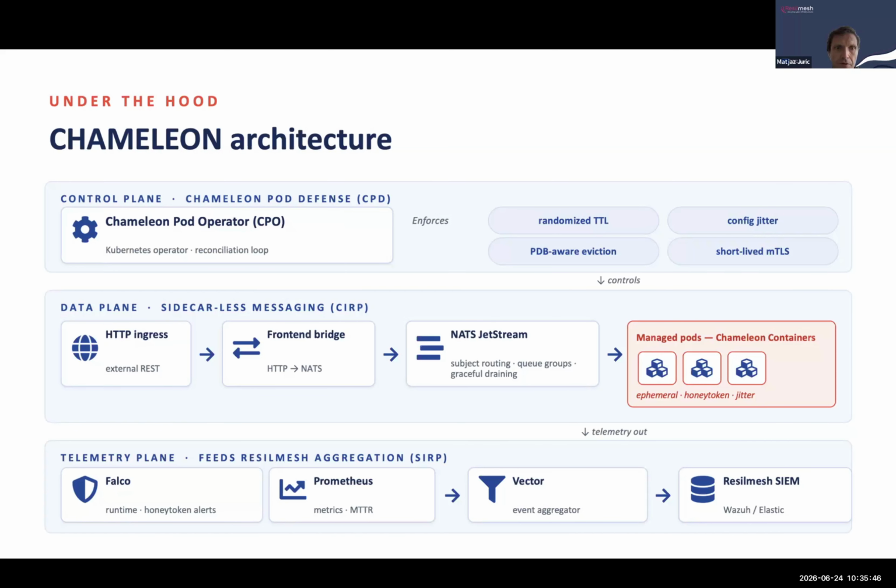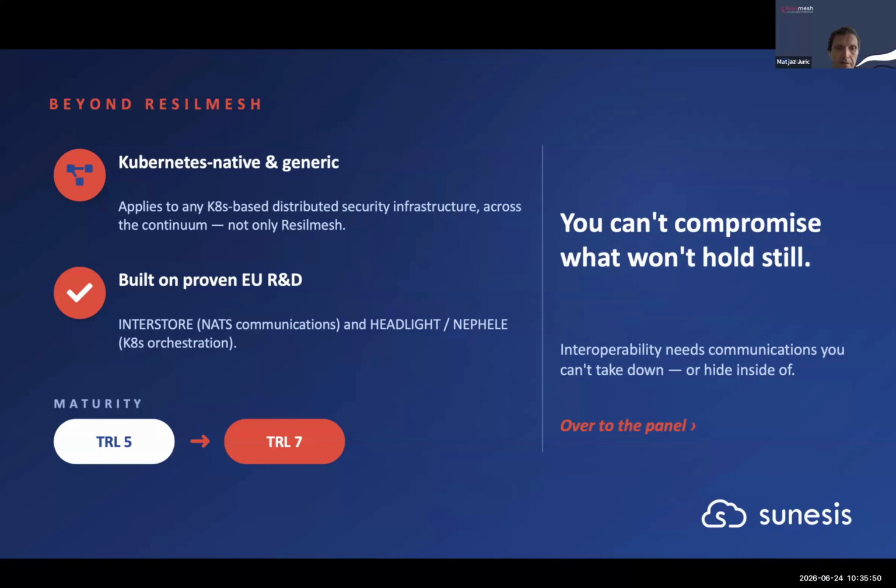So before I conclude, the CHAMELEON is not just an idea. It is a working technology which we are right now finalizing within the Resilmesh and demonstrating its usability. It is reaching TRL 7.